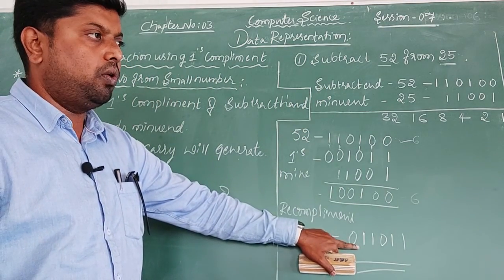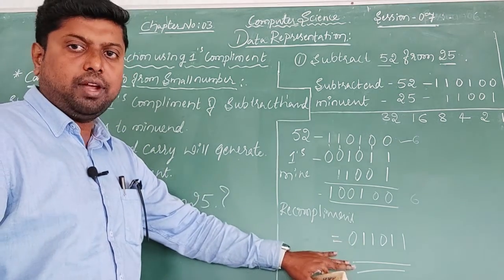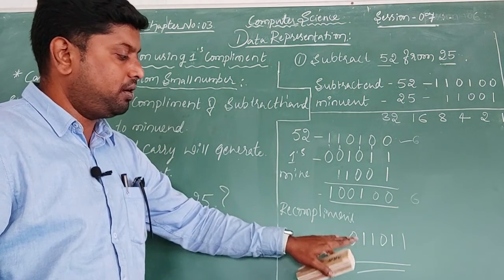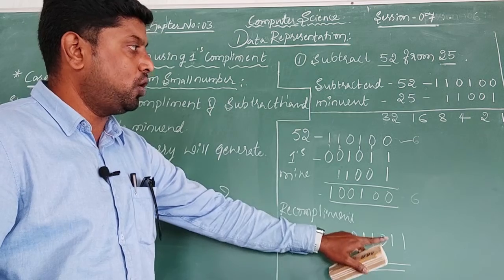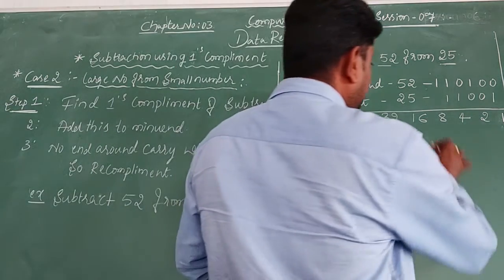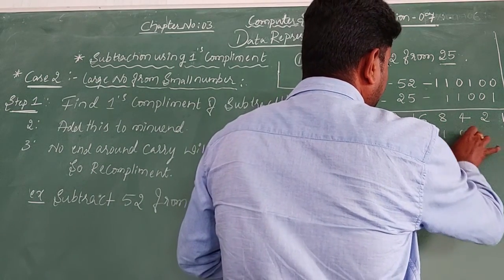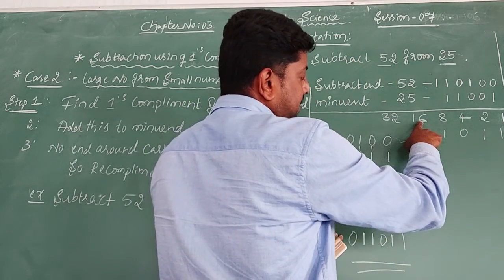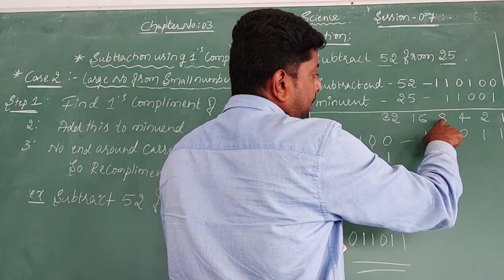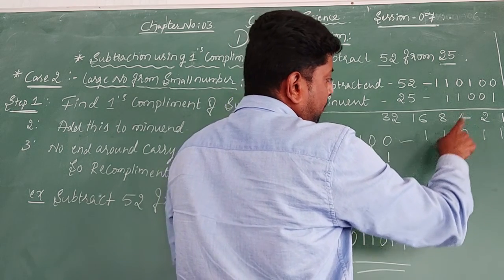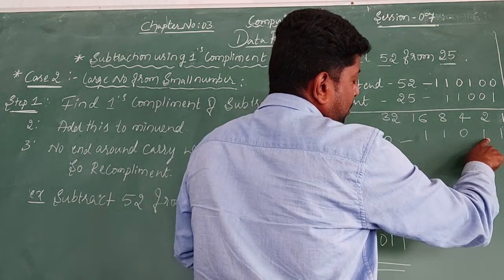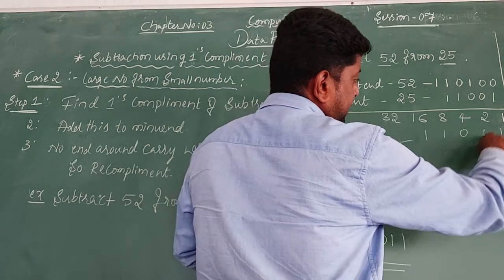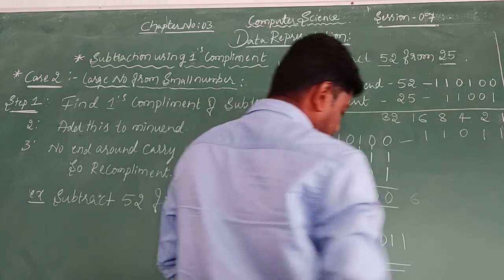Then check. Check what will be the decimal number for 11011. So check this one. 11011: 16 plus 8 is 24. 24 plus 2 is 26. 26 plus 1 is 27.